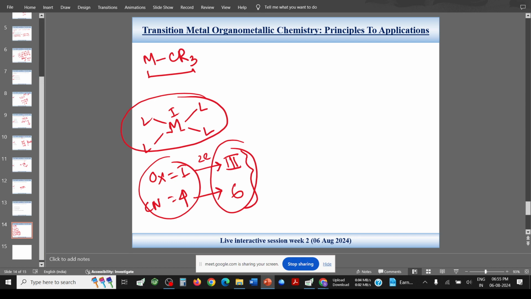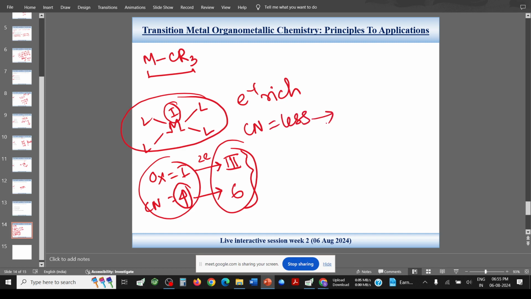The two necessary conditions for oxidative addition are that the metal has a plus 1 oxidation state and a lower coordination number. Plus 1 oxidation state means it has more electrons, so the metal should be electron rich and should have a lower coordination number.